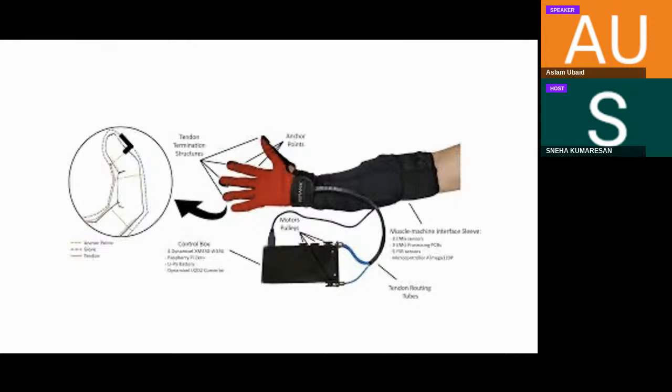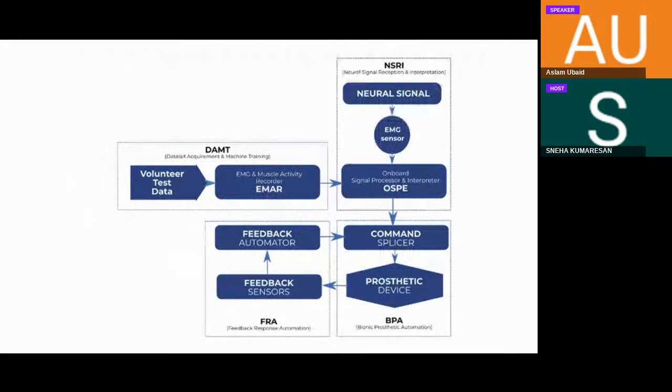We need tens of thousands of training samples to be able to automate it fully. This is the whole thing. Well, there are four main components: the DMAT, the NSRI, the FRA, and the BPA, which are funny acronyms that I myself gave.